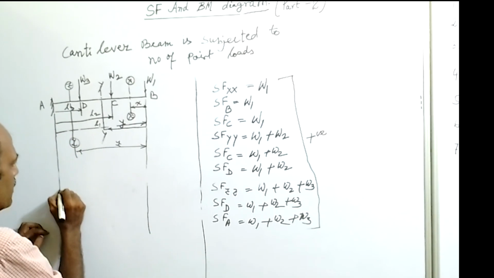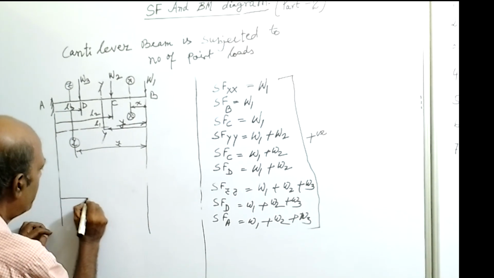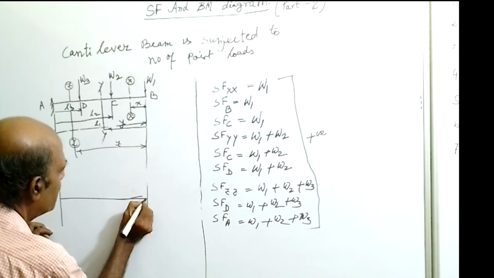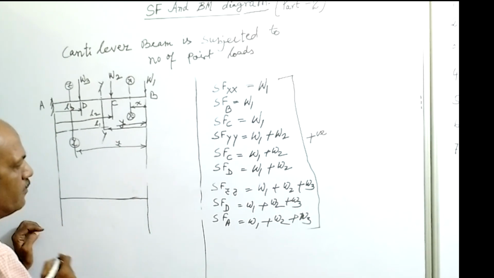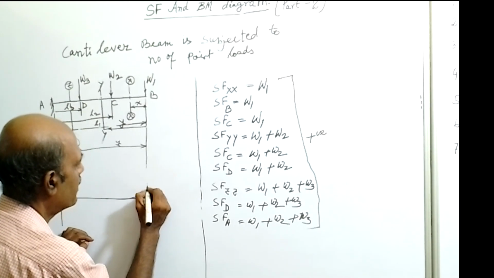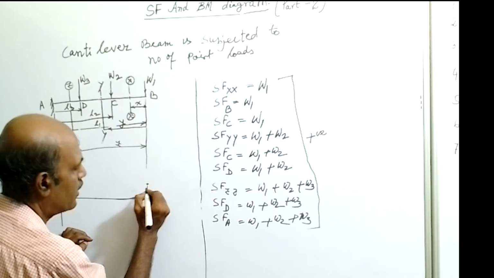And we will draw the shear force diagram. First you draw a baseline. So let this be the baseline. At this point, what is the shear force? Say W1 with some scale.